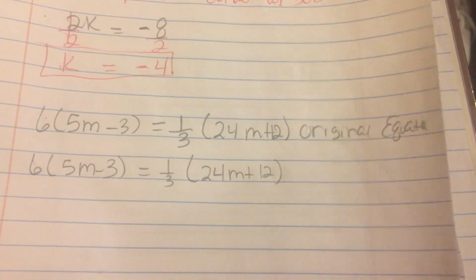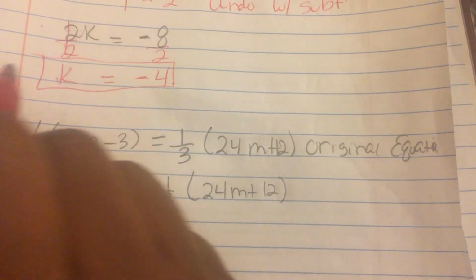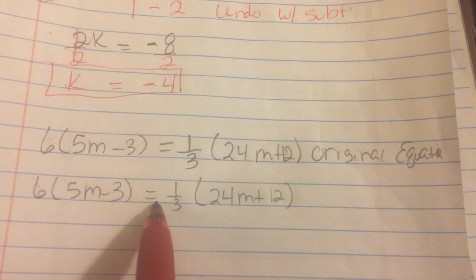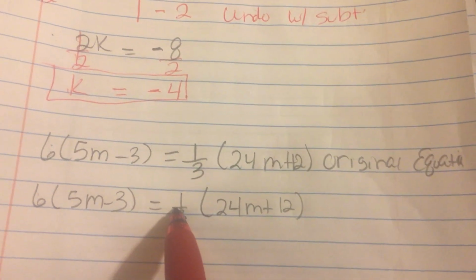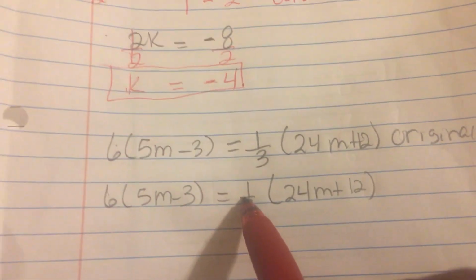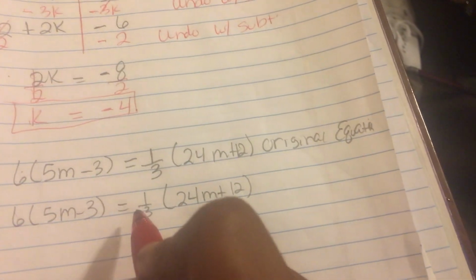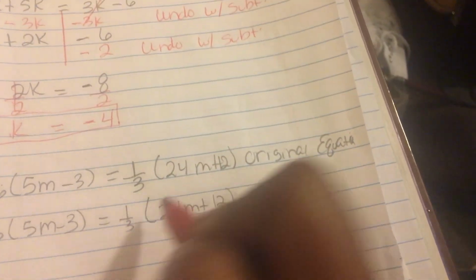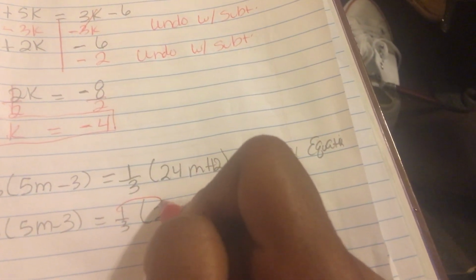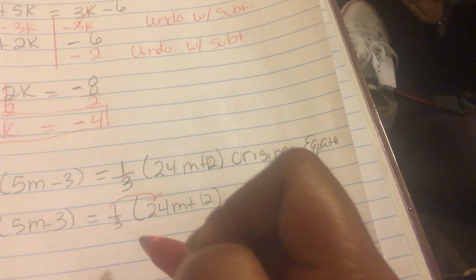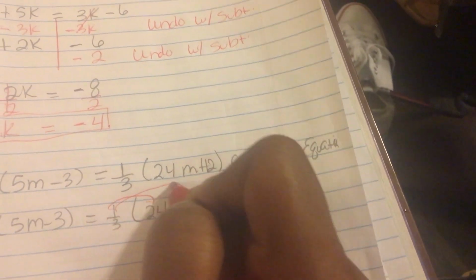The distributive property is when you take the number that is on the outside of the parentheses and multiply it by everything that's on the inside of the parentheses. So I'm going to draw arrows to show that we're going to multiply 1/3 by 24. We're also going to multiply 1/3 by 12.